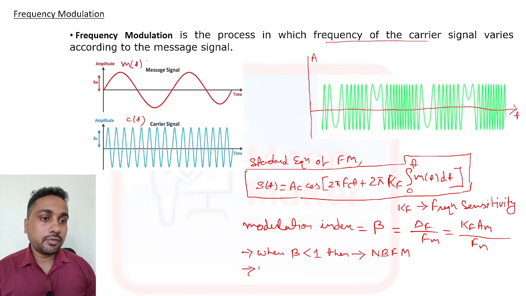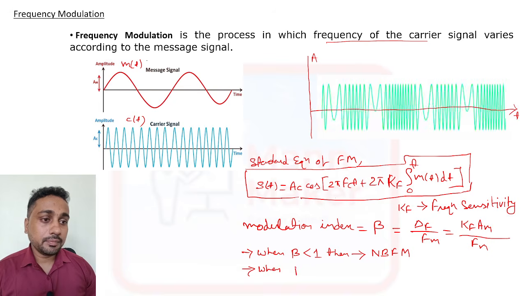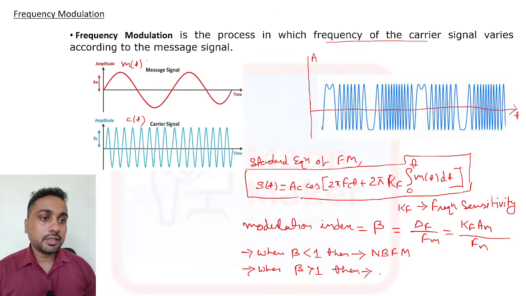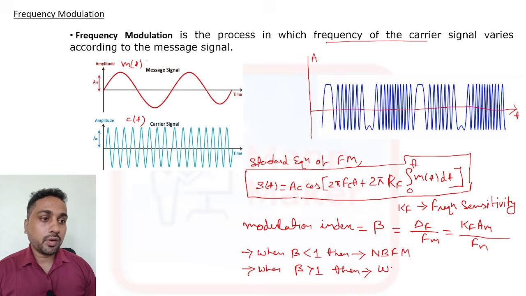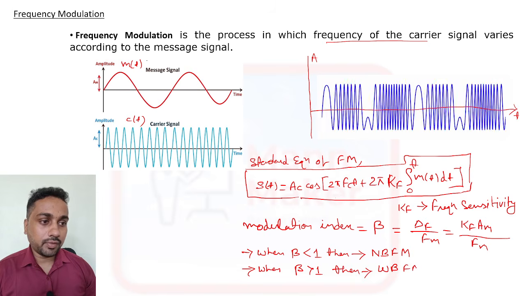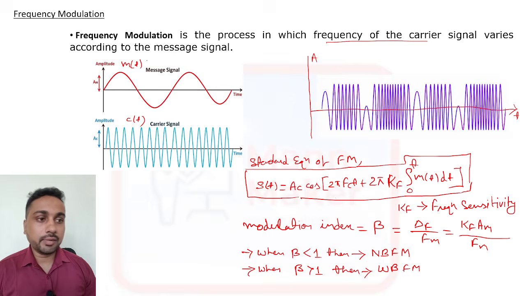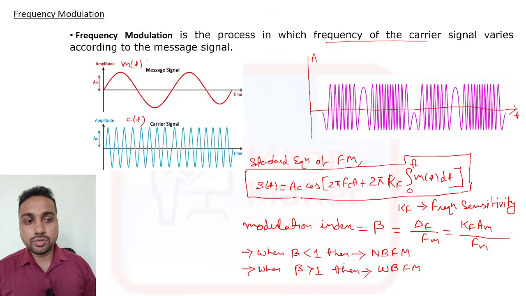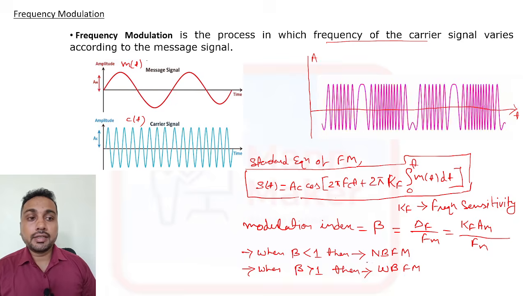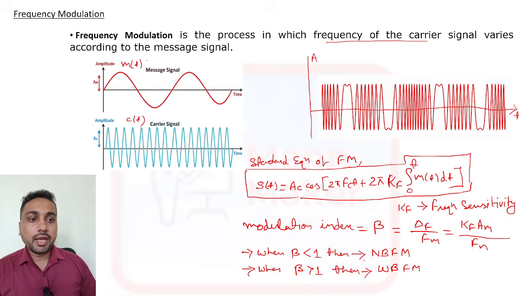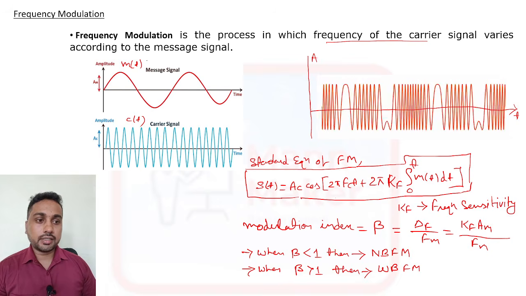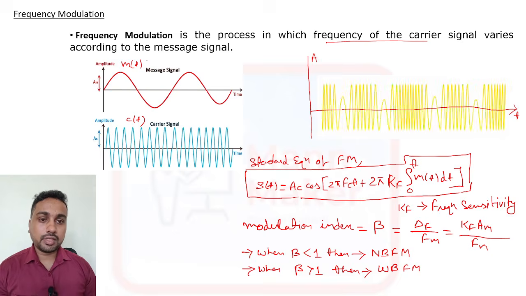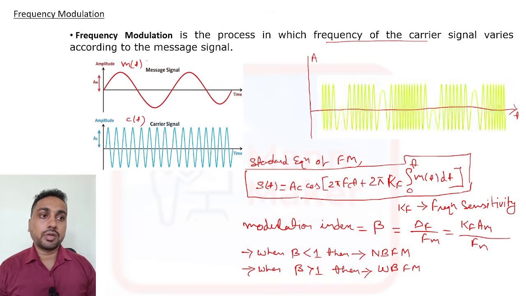And when beta is greater than 1, then it is called wide band FM, WBFM. So there are two conditions for the modulation index. When beta is less than 1, it is narrow band FM, and when beta is greater than 1, it is wide band FM. So just remember these two points.